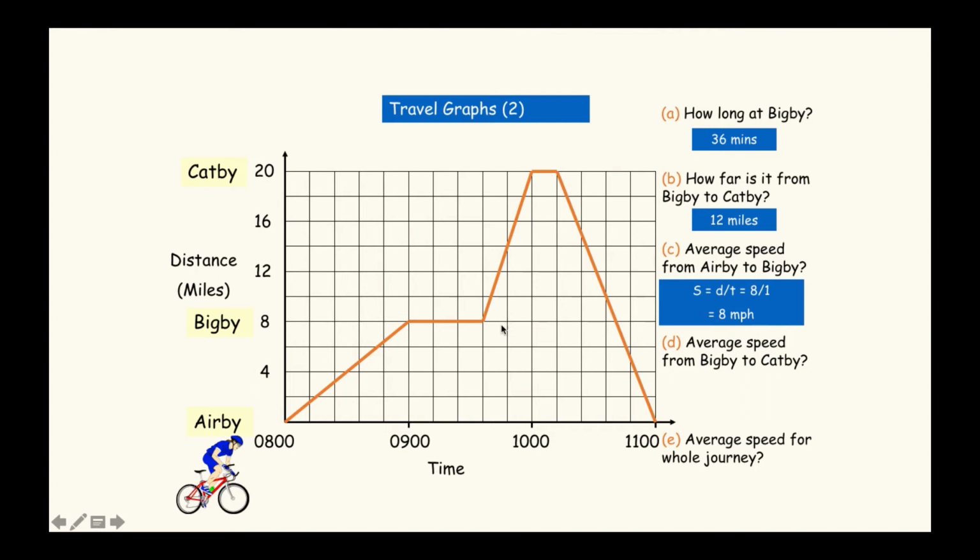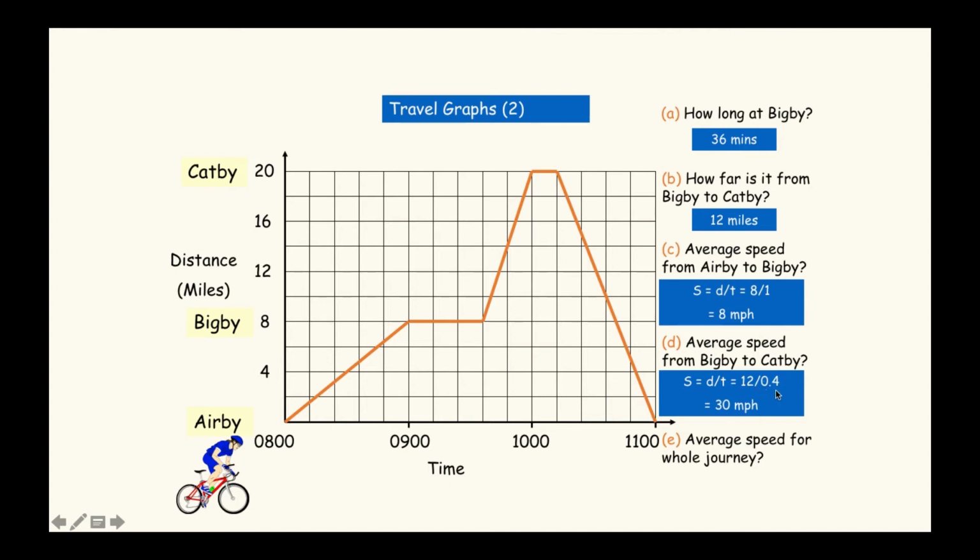Okay, so 2 squares is 24 minutes, isn't it? So distance is 12 divided by 24 minutes. Now 24 minutes is a decimal. To work that out, you would do 24 divided by 60 on your calculator or in your head, on paper, and it would give you 0.4 as a decimal.